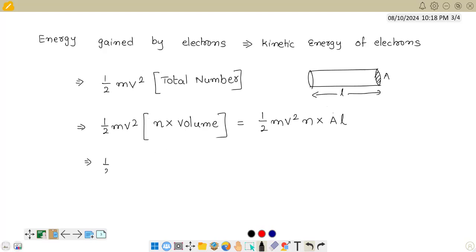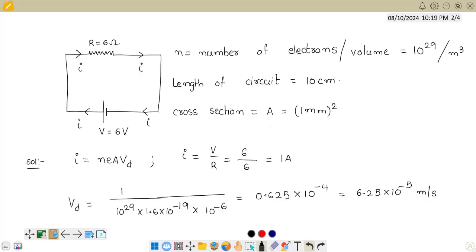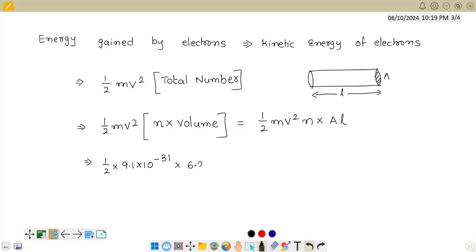So let us substitute half into 9.1 into 10 power minus 31, the mass of the electron. The velocity value is 6.25 into 10 power minus 5, twice, for v square.